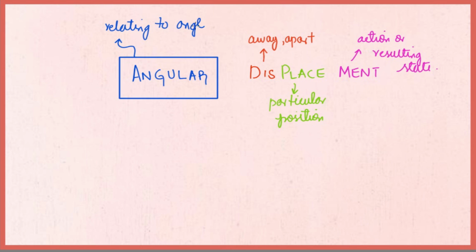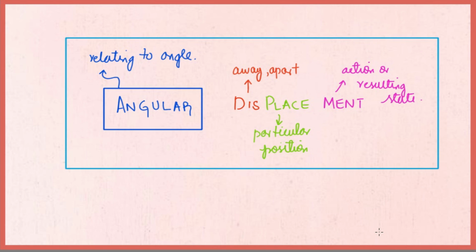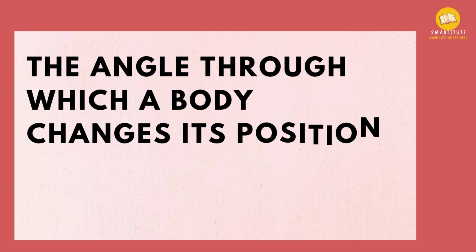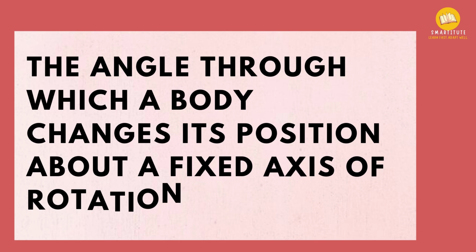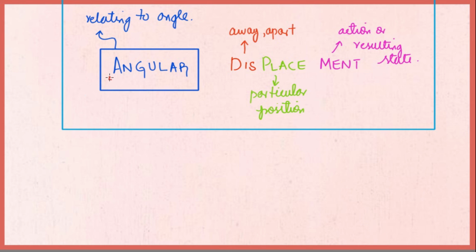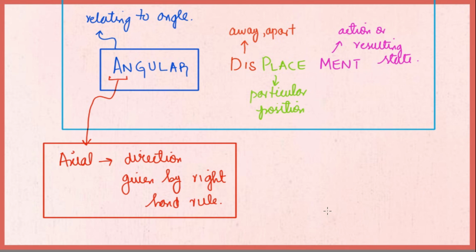And angular relates to angle. So angular displacement can be defined as the angle through which a body changes its position about a fixed axis of rotation. Remember that the A of angular corresponds to axial, which means angular displacement is an axial vector whose direction is given by the right-hand rule.